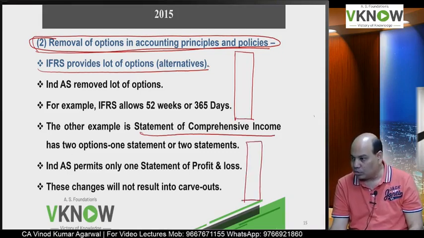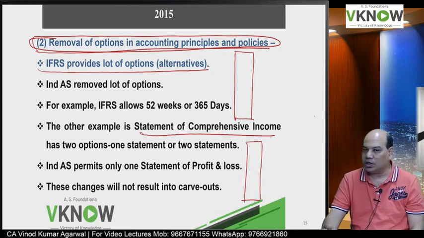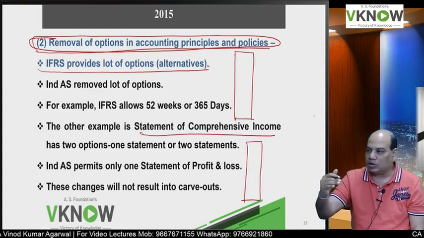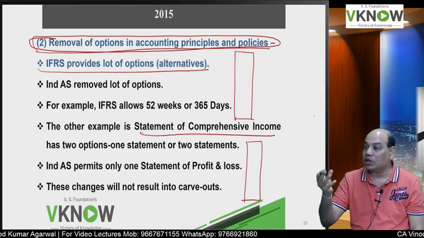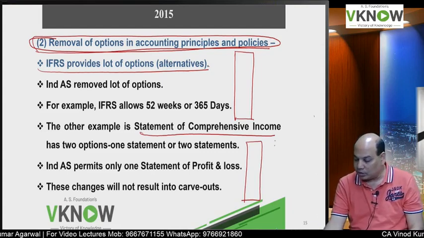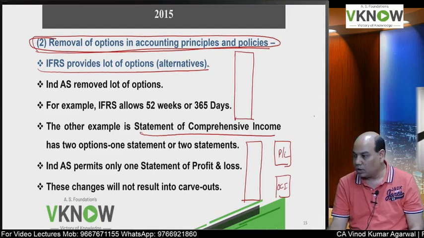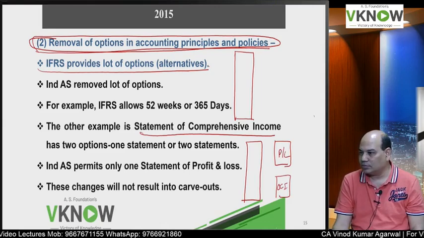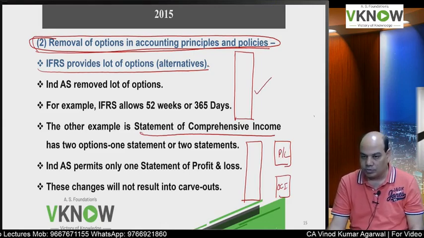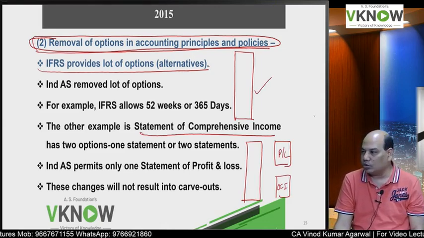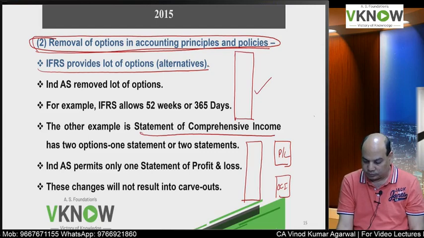Either you can prepare only one format which will contain the profit and loss and OCI part. OCI means other comprehensive income. Or you can prepare two statements. One will cover P&L account items and one will cover OCI items. So we have thought that we will not give two options. We will only continue with one single format.